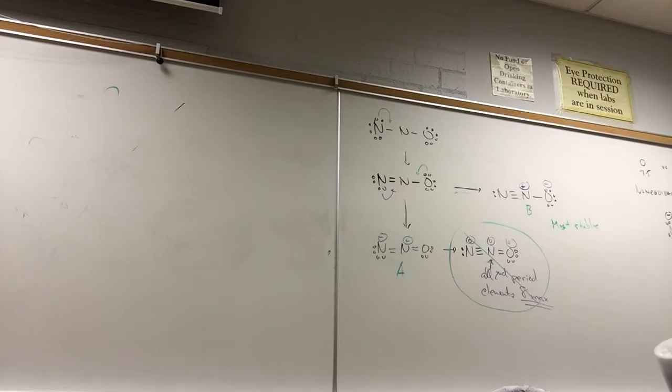Now there are going to be one lone pair fixed on the nitrogen that doesn't change, and two lone pairs fixed on the oxygen. So we got one lone pair fixed here, two lone pairs fixed here, and then we have a lone pair that's spread out over the two. And this lone pair seems to be concentrated more on the oxygen than the nitrogen, because that structure is more stable.